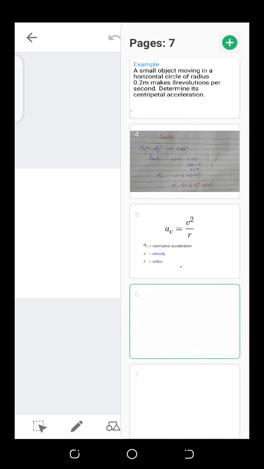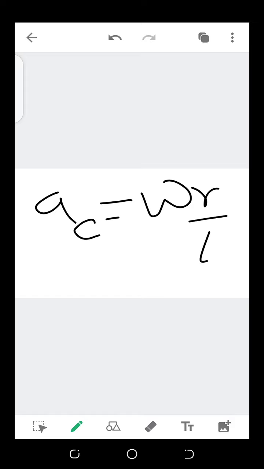If you replace it there, a_c is equal to omega r over t.